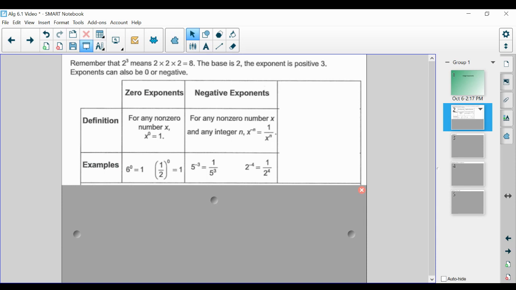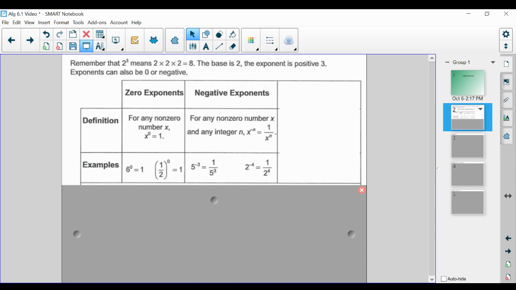Wherever the power is in the fraction, it switches. If it's in the numerator, it goes into the denominator. If it's in the denominator, it goes into the numerator. So some examples are 5 raised to the negative third is equal to 1 over 5 to the positive third. And 2 to the negative fourth is equal to 1 over 2 to the positive fourth.